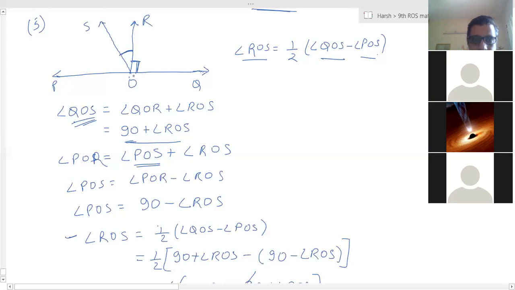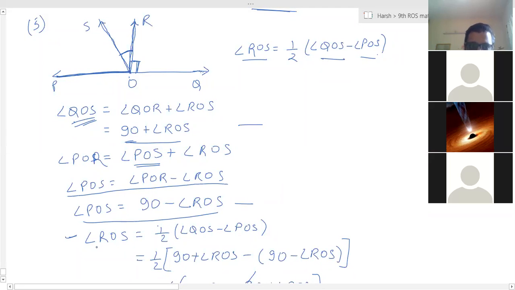Can you write POR minus ROS? Yes, sir. Now POR we know is 90 degrees, so 90 minus ROS. This is POS. Correct?